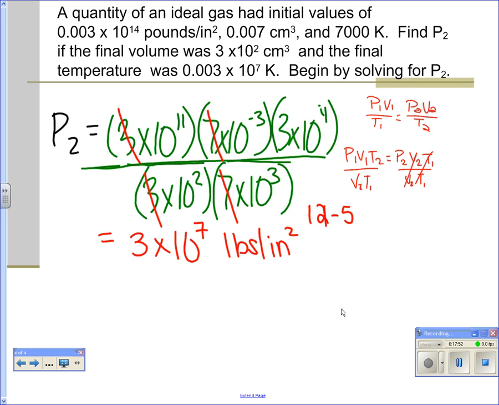Positive or negative? This is a small number, and so it's subtracted. Okay.